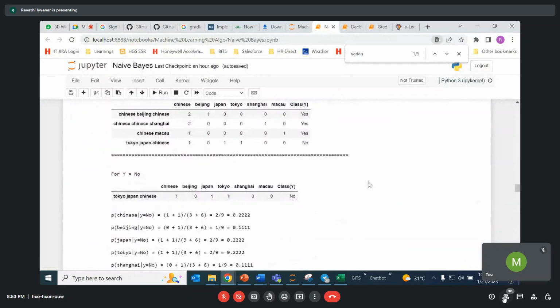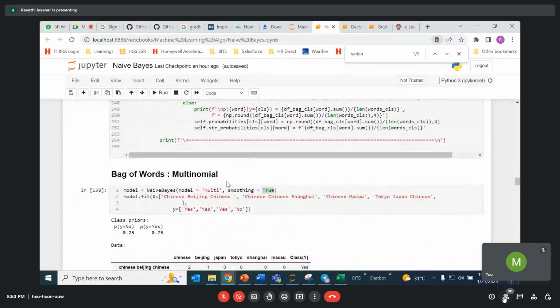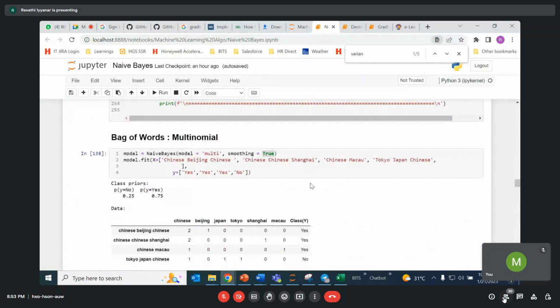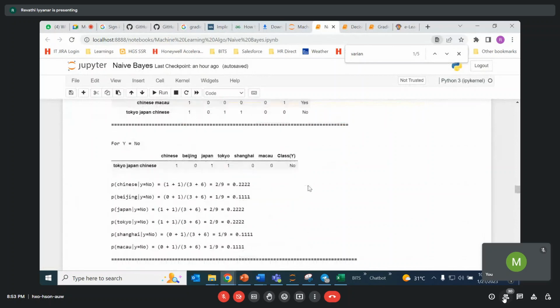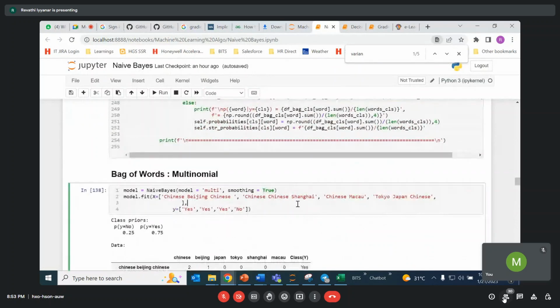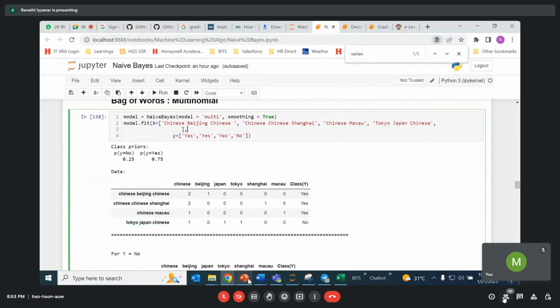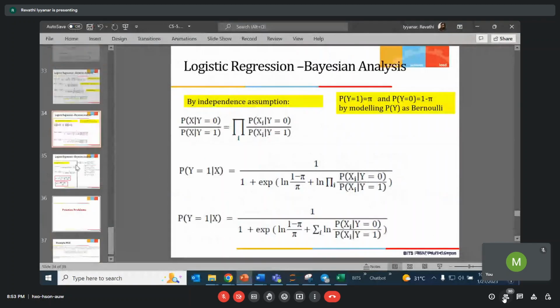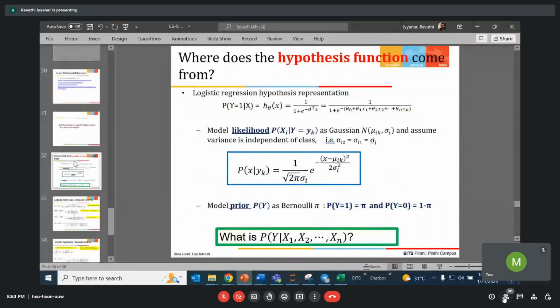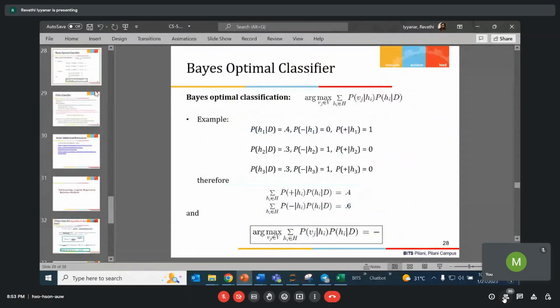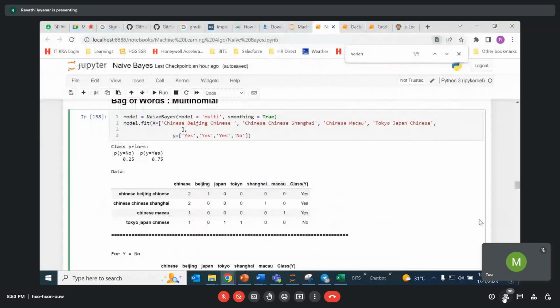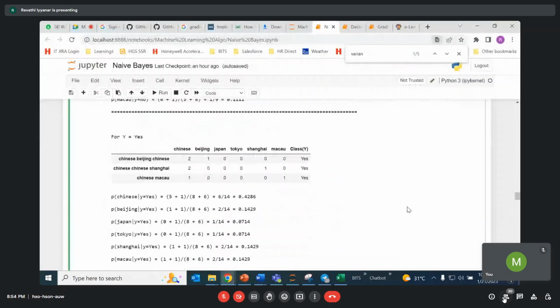Do we need to validate this bag of words multinomial with a solved example, or is it okay? Do we have any examples in the slides? Sambashura validated two, three examples. I only validated the one that is given.